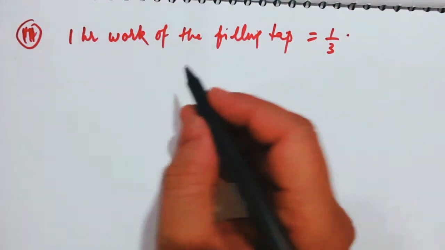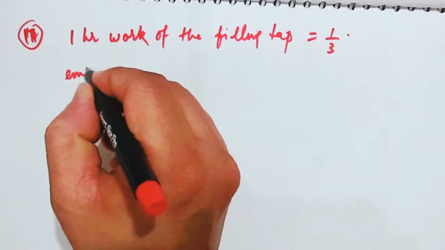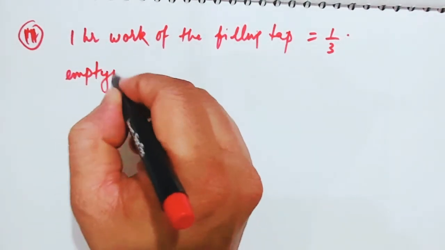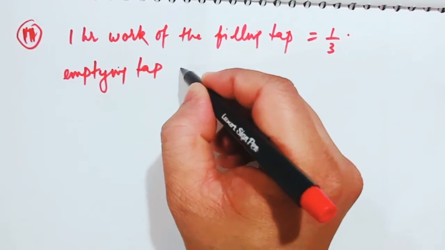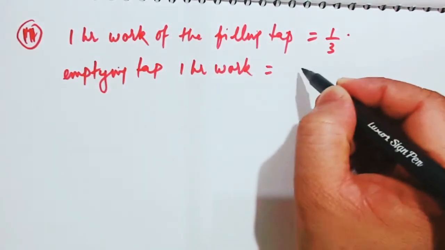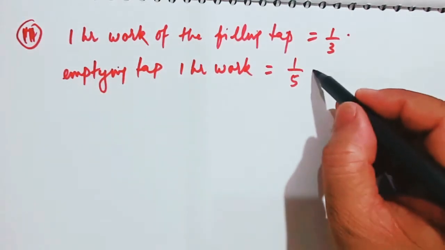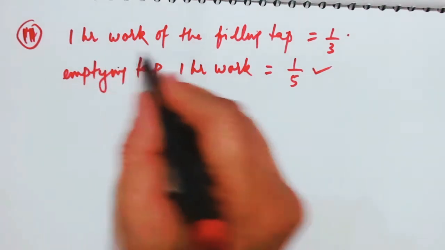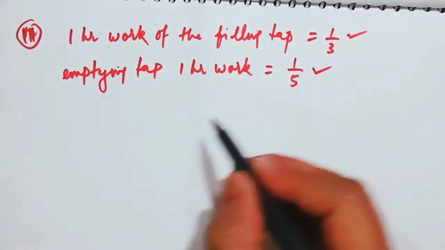And the other, the waste pipe, that is the emptying tap, its 1 hour work is equal to how much? 1 by 5. So the emptying tap empties this much in 1 hour, and the filling tap fills 1 by 3.